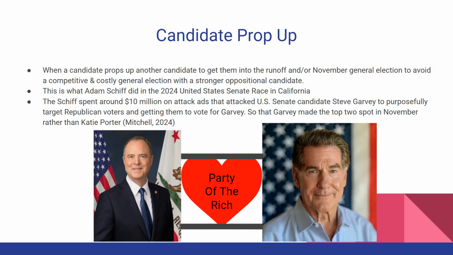And Katie Porter was actually the more logical choice to go up against Adam Schiff, because Katie Porter would have been the more realistic alternative to actually be able to defeat Adam Schiff in the November general election.